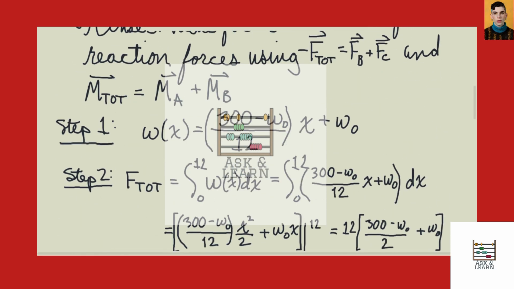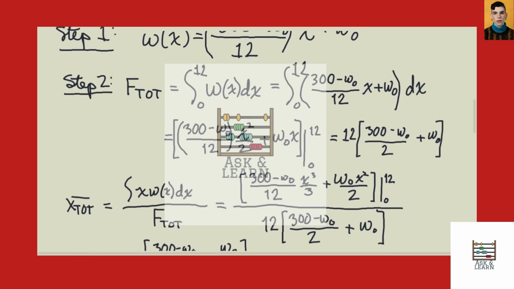And I see that I made the same mistake here. Let's put these properly. That was the torque about support B and the torque about support C. Okay, back to where we were.